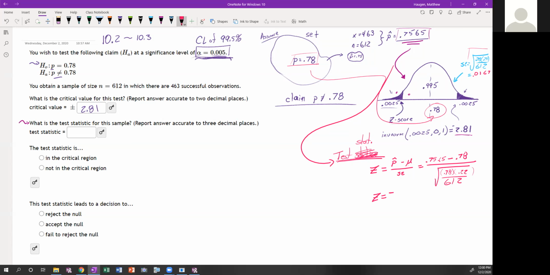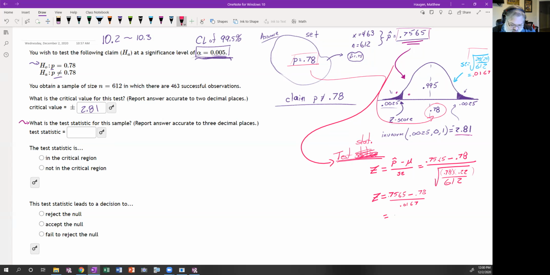Okay. So we've got 0.7565 minus 0.78 over 0.0167. I'm just going to do this in little pieces to make sure we're all happy.